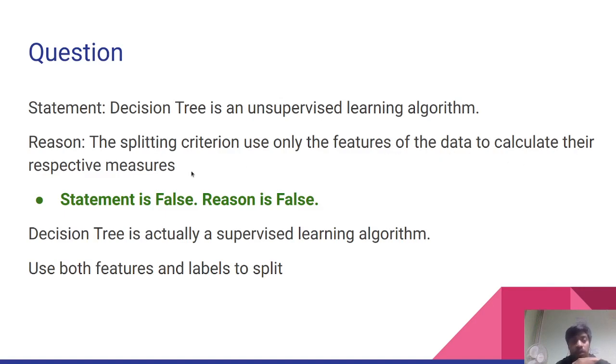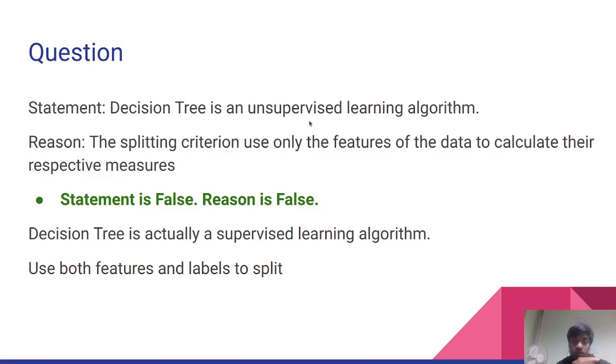Suppose this is the reason, right? Instead of features we are saying features and labels. So in that case that reason will be right, but even though it is right, it is not concluding that the statement is correct. This reason is not the validation for the statement.